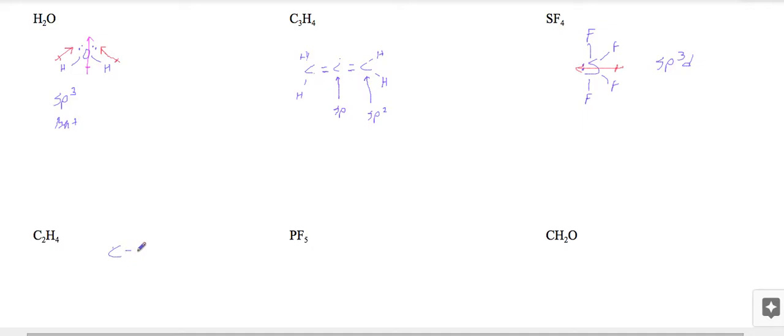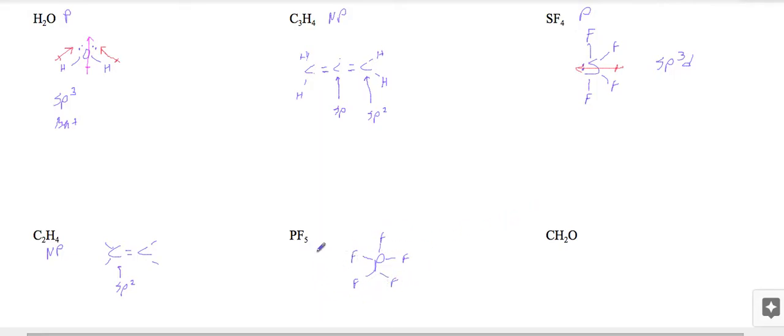C2H4. Carbons are sp2 hybridized. Oh, I guess we can also talk about the geometry, right? I forgot about that. Let me go through all of these and I'll come back to the geometry. So there's that. It's going to be nonpolar, polar, nonpolar, polar, nonpolar, sp2, there's the fluorines.